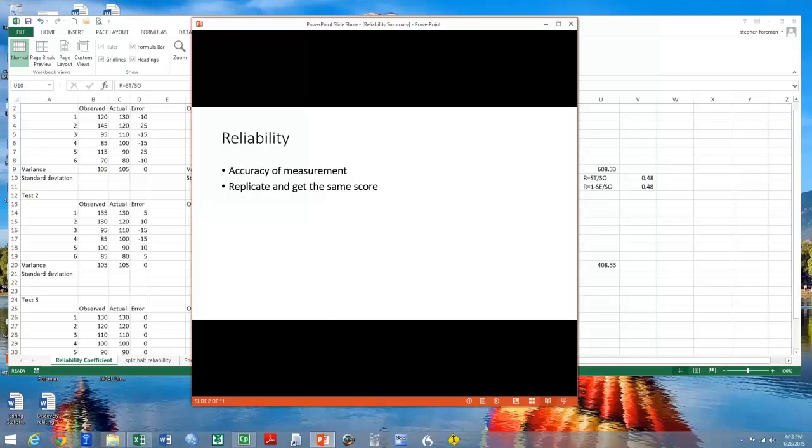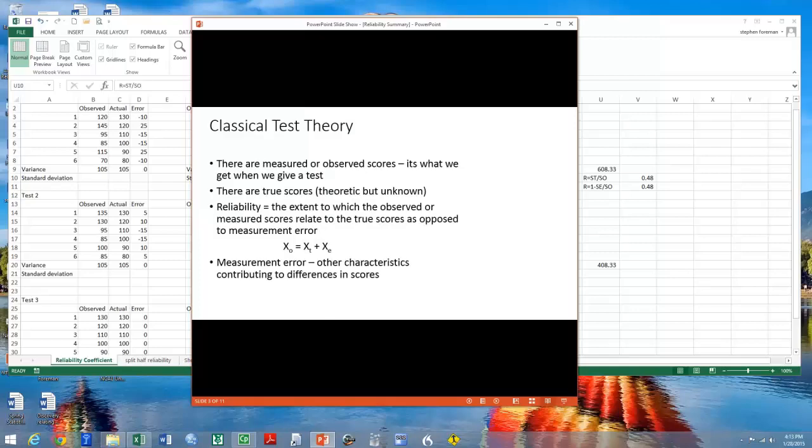So classic test theory starts with what might be a new concept to you, and it may be giving you some trouble, and that is when we get a test score. Let's say you're taking an SAT test. We're going to have two components to what we see.